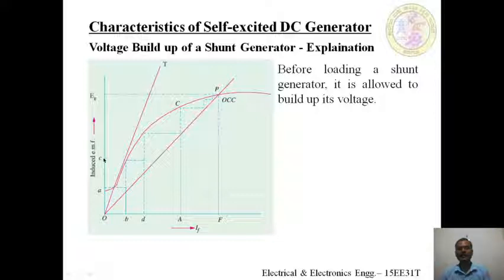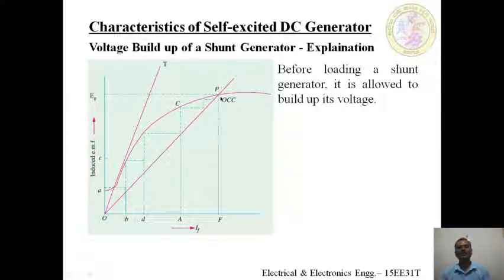So that increased EMF again circulates more current OD in the field winding, and this more current again increases the induced EMF, and it will go on till the equilibrium is reached. That is how the voltage build-up takes place.